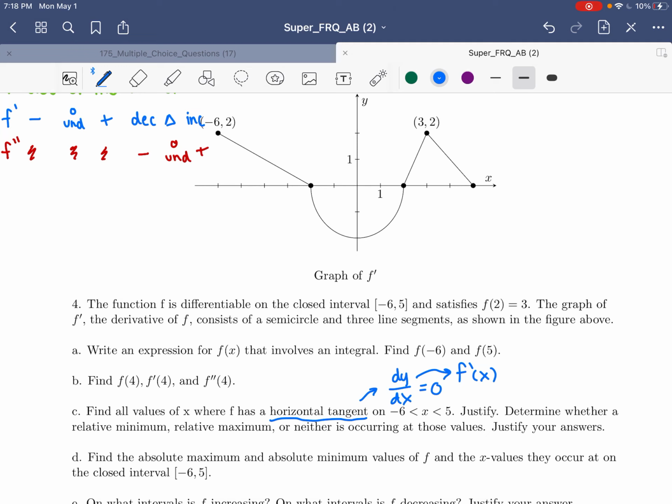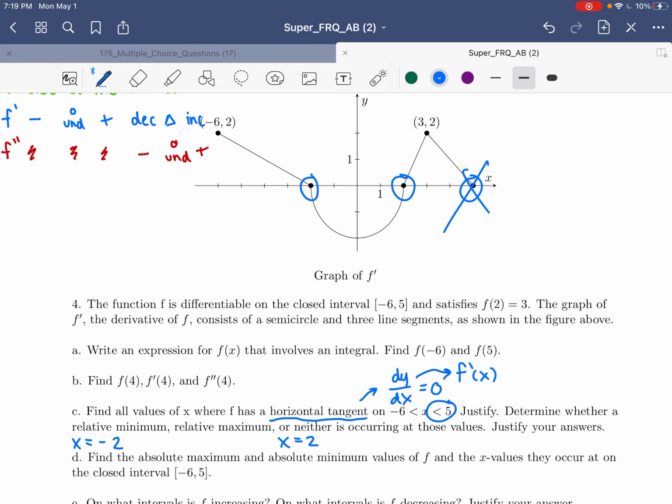Which on this graph just means where are the y values equal to 0? So obviously we have right here, and right here. So all of my horizontal tangents are going to be x equals -2, x equals 2, and then notice how here 5 isn't included, so we're not going to include 5.